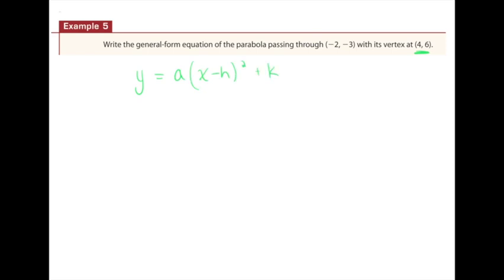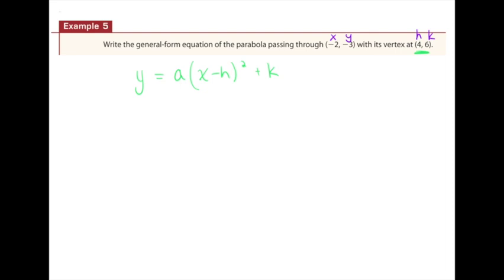If they gave me the vertex, they gave me the h and the k, and they gave me an x and a y. All right. So the only thing I don't have is really my a. And so I can plug in my x, my y, my h, and my k, and I can solve for the a and figure out what my form should be.